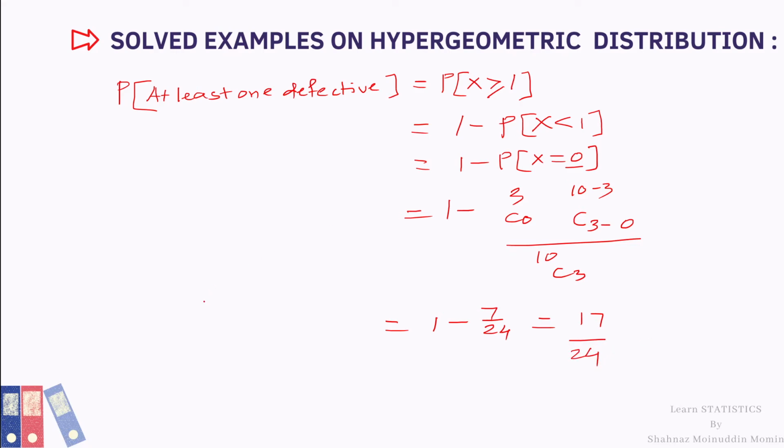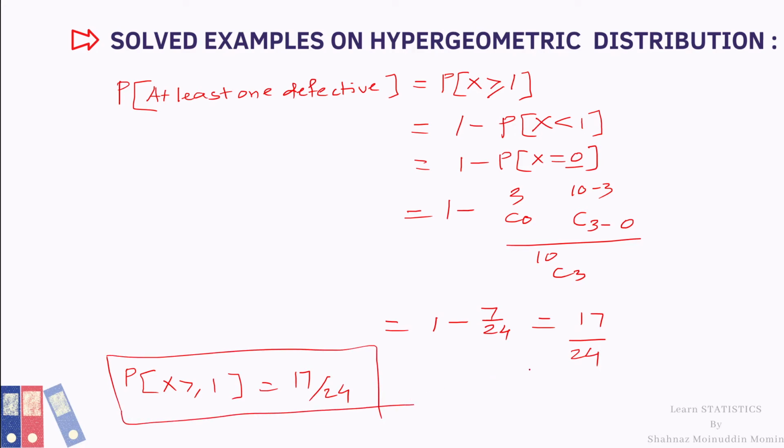This is the probability of at least one defective, which is 17 by 24. In this way we complete 2 examples.